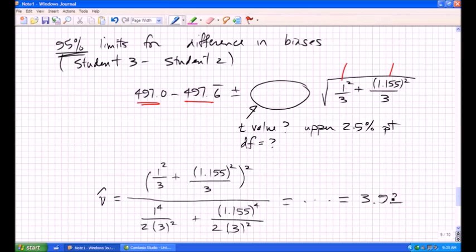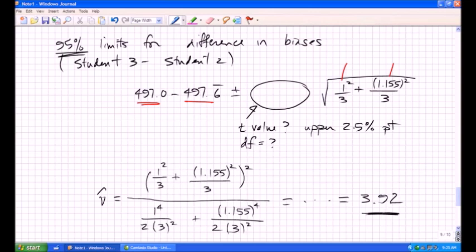that turns out to be 3.92. An alternative is to take the smaller of the 2 degrees of freedom that you would have from either of the 2 samples, that is the smaller of 3 minus 1 and 3 minus 1. So this is something that's bigger than 2.